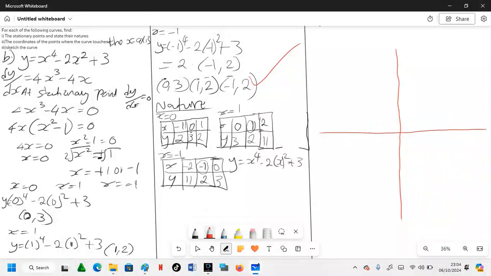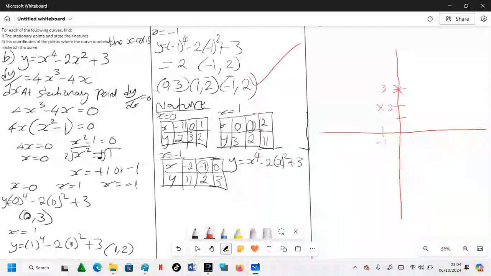That's nice. So let's say negative 1 is there, negative 1, 2 is there, and then 0, 3 is there.